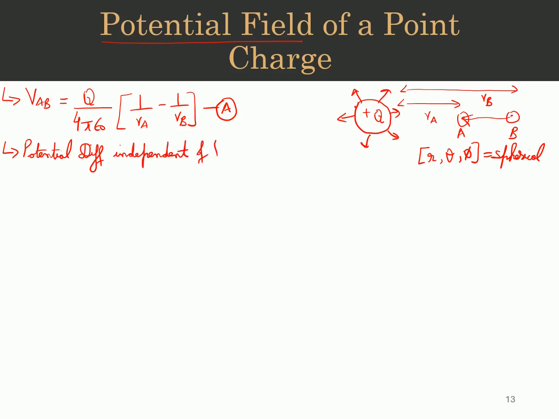Independent of the path. What is the path? The path which we have taken from A to B. So if this path has a non-linear direction, what will happen to the equation? The scenario is, again, that we have a source point charge Q, and the distances to the two points A and B are RA and RB from the source charge.